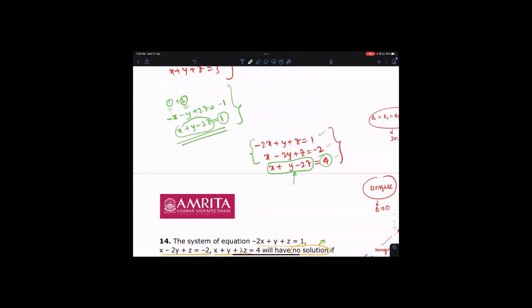If you're getting the same equation, then it is infinite solutions. Using first and second, if you get the same equation as the third, then infinite solutions. Otherwise, no solution.